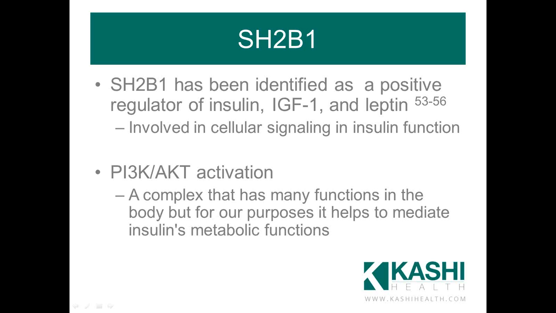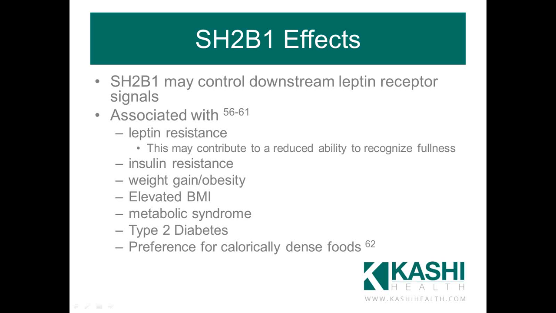It's involved in the PI3K activation system of the body, which is largely associated with both insulin and leptin, and, well, for that matter, many different functions in the body. But for our purposes and how we look at it through a weight management lens, it helps to mediate insulin's metabolic functions. The effects of the SH2B1 polymorphism may control downstream leptin receptor signals.